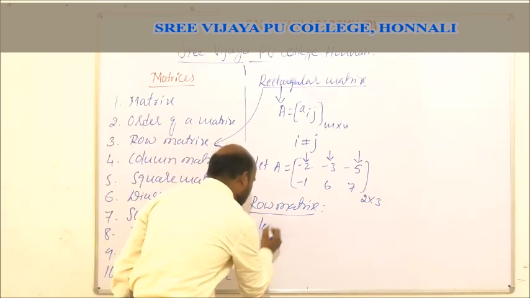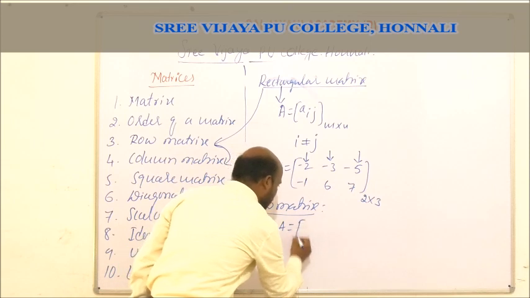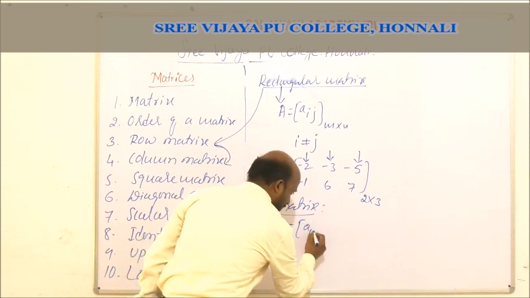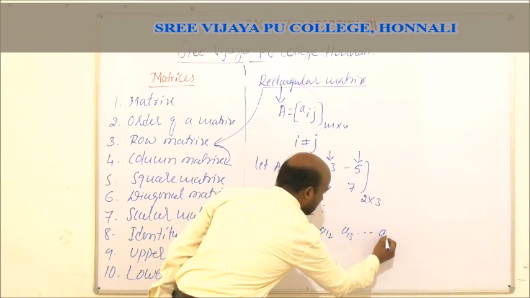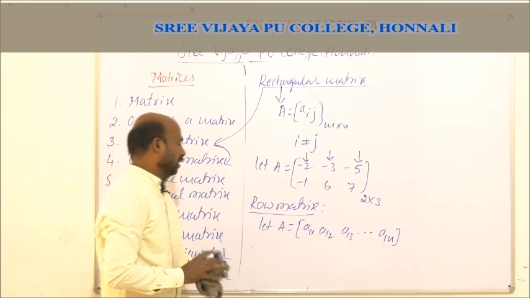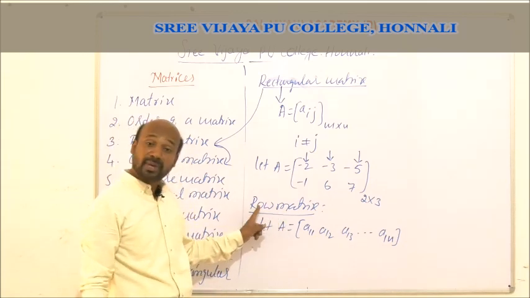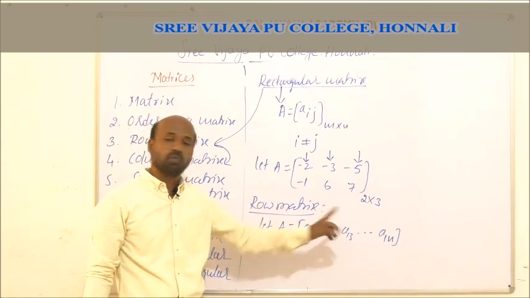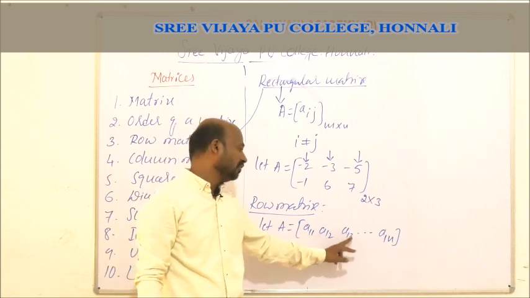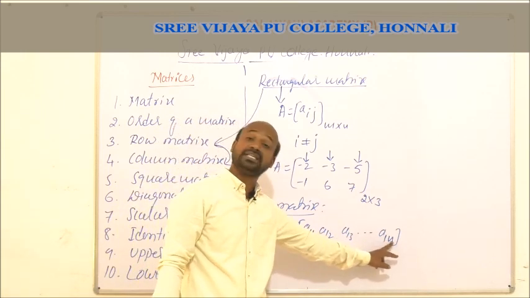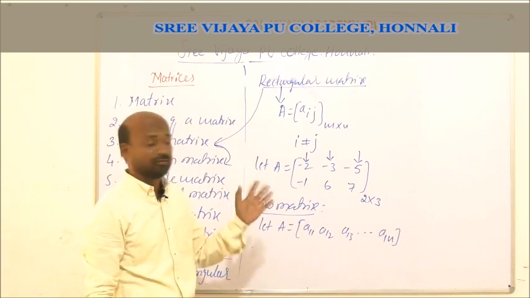So let us take matrix A = [a11, a12, a13, ..., a1n]. A matrix is said to be a row matrix if it has only one row. See here, first row first element, first row second element, first row third element, first row nth element, but it has n number of columns.